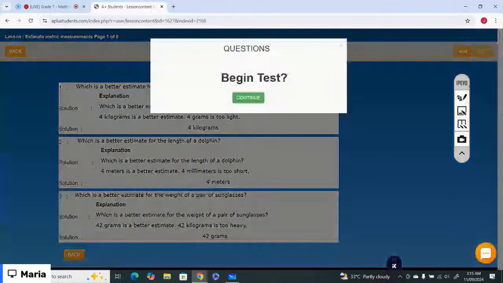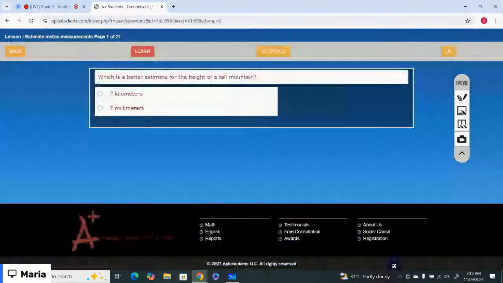The test questions, which is an estimate for the height of a tall mountain. So which is the correct option? 7 kilometers or 7 millimeters?